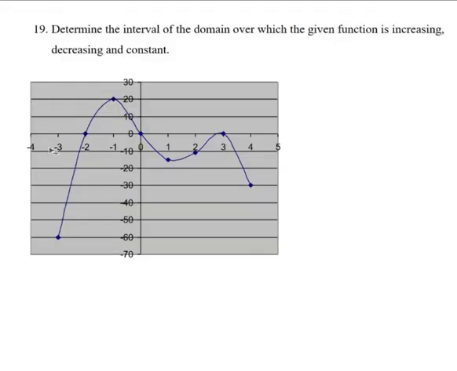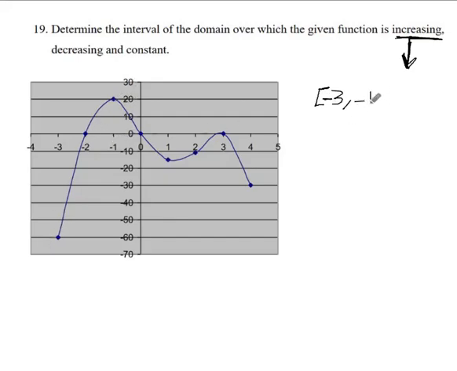Okay, here we're going to find at what intervals this function is increasing, decreasing, or constant. Looks like increasing would be from -3, I can use brackets, -3 all the way to -1.